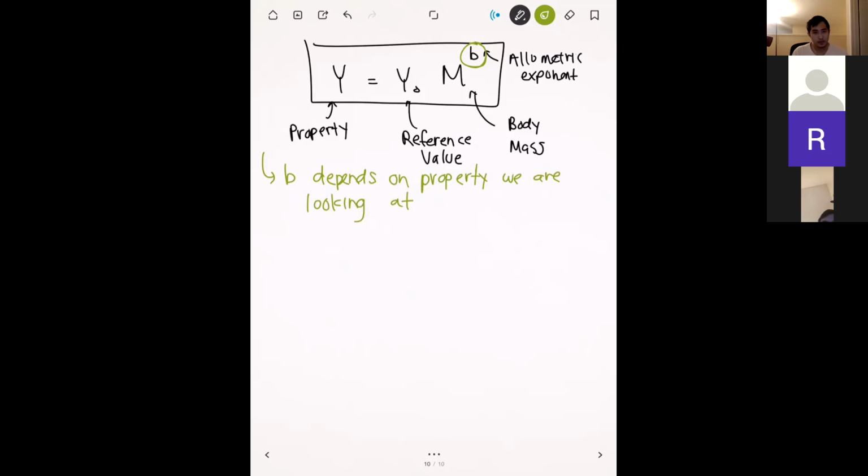The way that we determine these b's is usually by experiment.